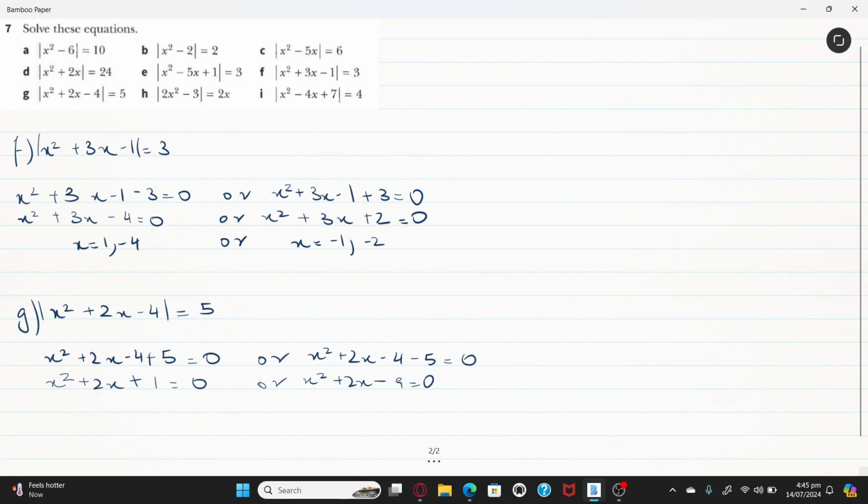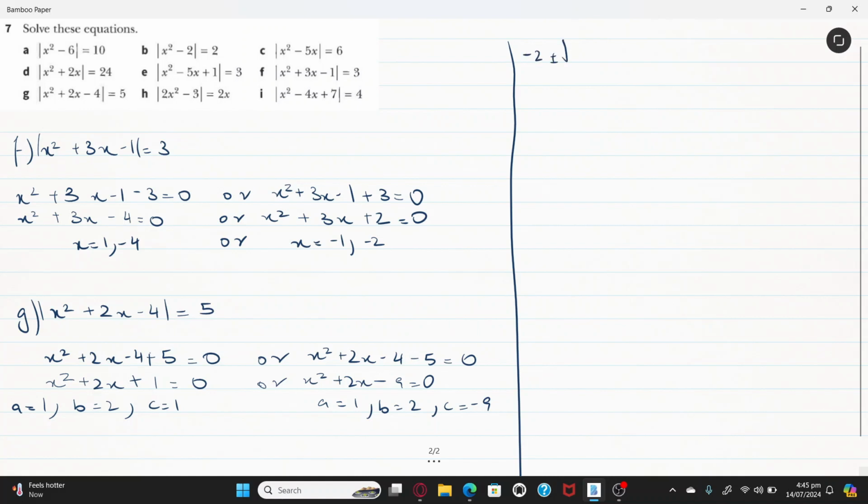For this equation only, I'm going to use my quadratic equation formula. A equals 1, B equals 2, and C equals -9. I need more space for this. So the first one is going to be -2 plus minus under root B squared. This is the quadratic equation formula, by the way.